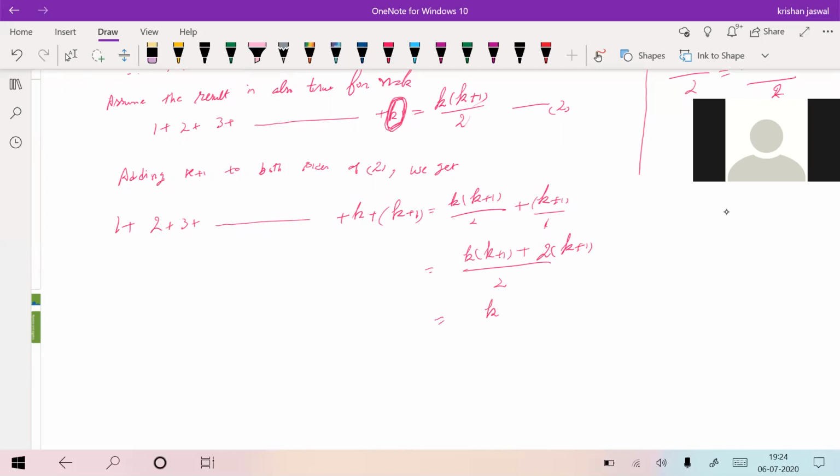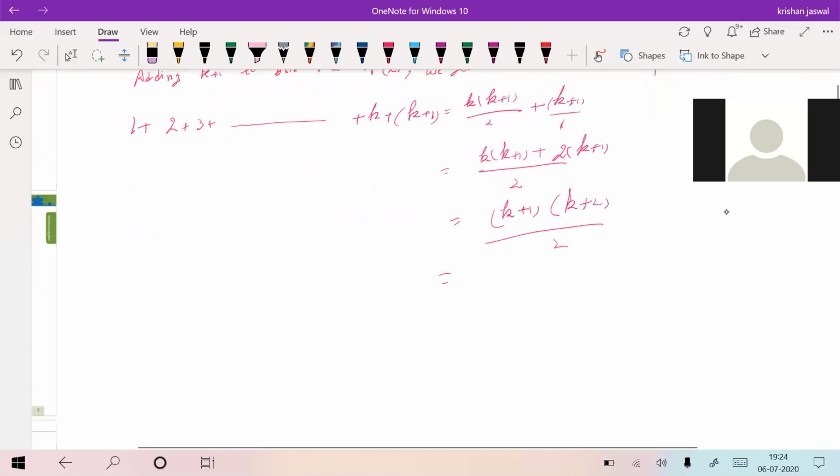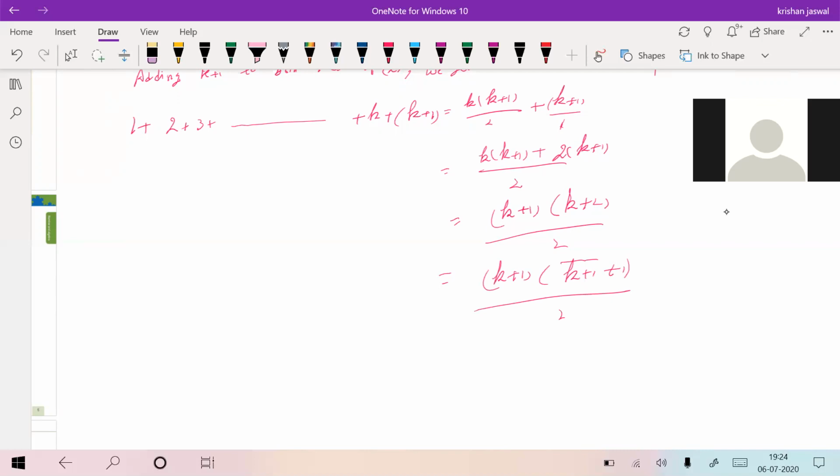We can take k plus 1 as common, giving k plus 1 into k plus 2 over 2, or we can write k plus 1 into k plus 1 plus 1 over 2. Put a bar here. This is also a bracket.